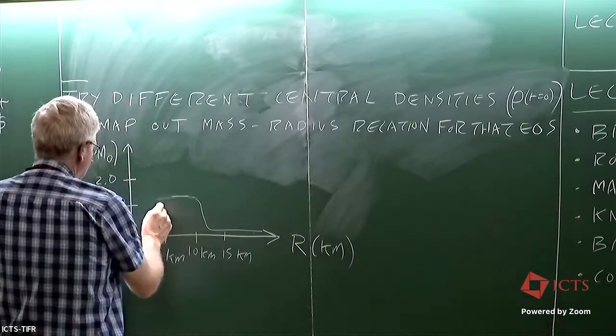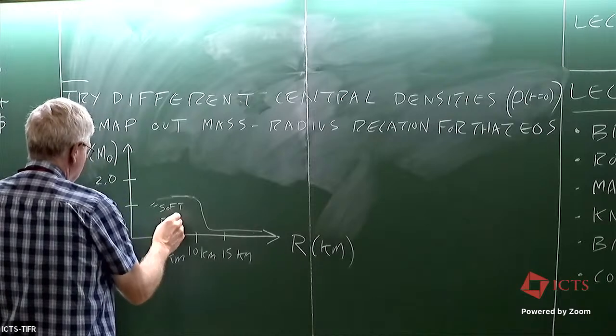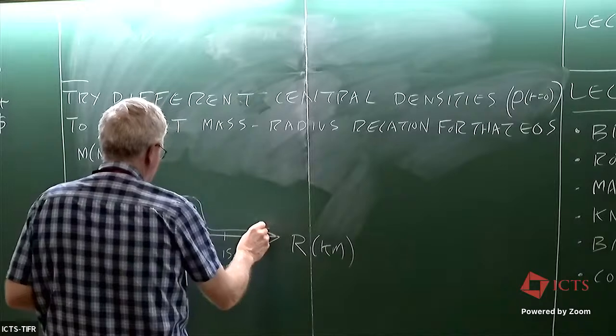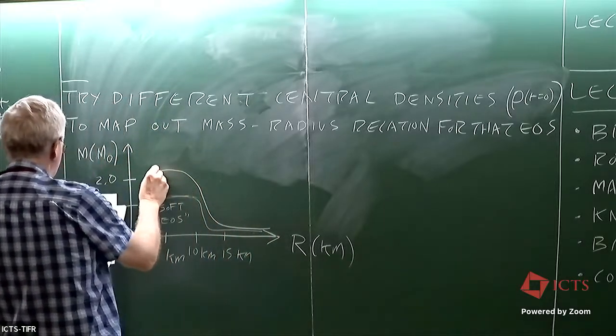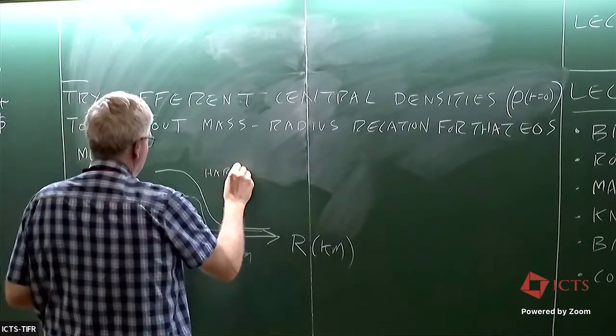This would correspond to what's known as a soft equation of state. And then a different equation of state might end us up here, up above 2 solar masses.